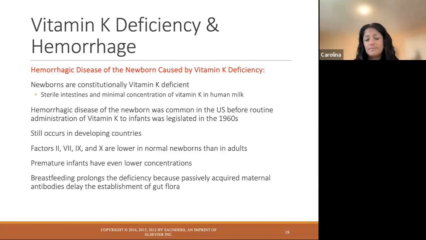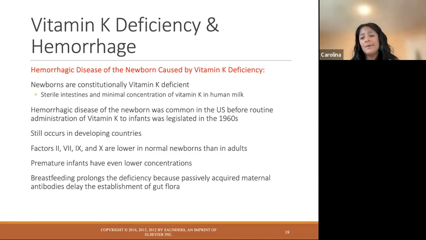Factors 2, 7, 9, and 10 are also lower in newborn babies than they are in adults. So that's something to keep in mind. Premature infants have even lower concentrations, and breastfeeding prolongs the vitamin K deficiency, because there are passively acquired maternal antibodies that delay the establishment of gut flora.